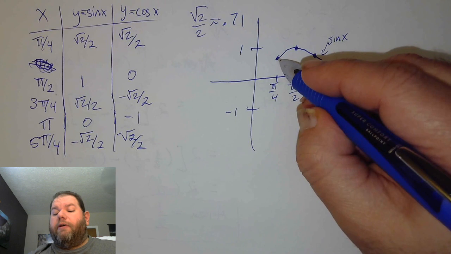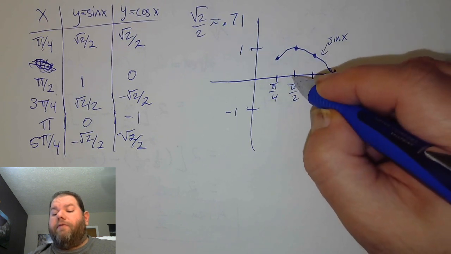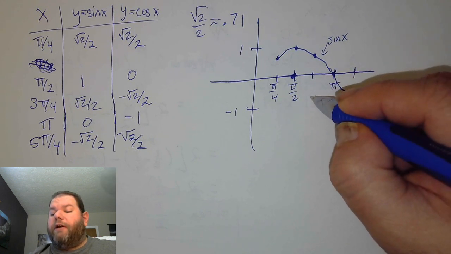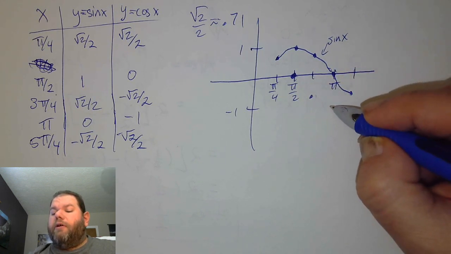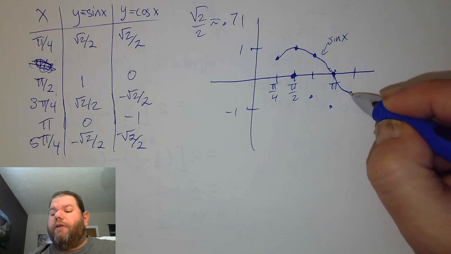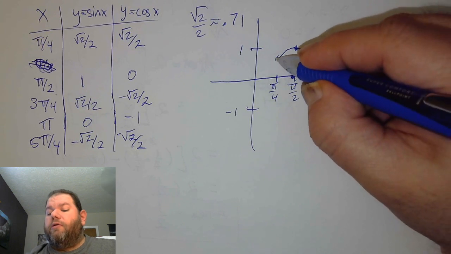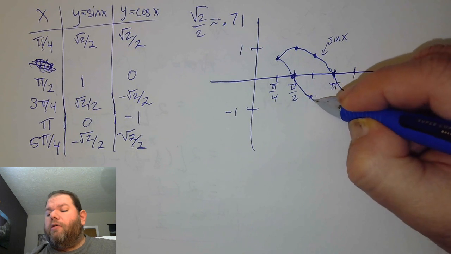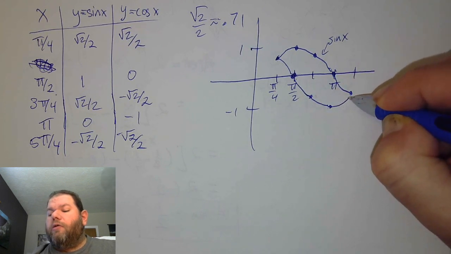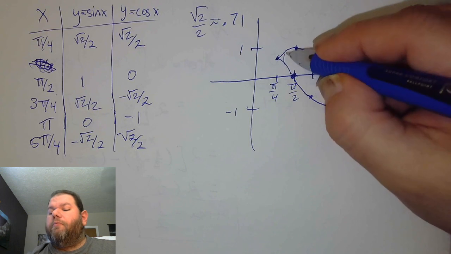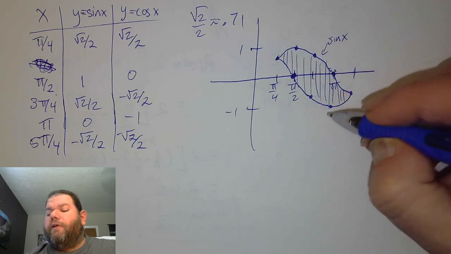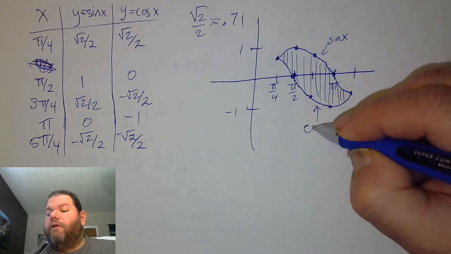Now cosine of x starts here, then at pi over 2 it has a value of 0, at 3 pi over 4 it has a value of negative root 2 over 2, at pi has a value of negative 1, and then at 5 pi over 4 comes back to the same location. So now we can see exactly what we're looking at.